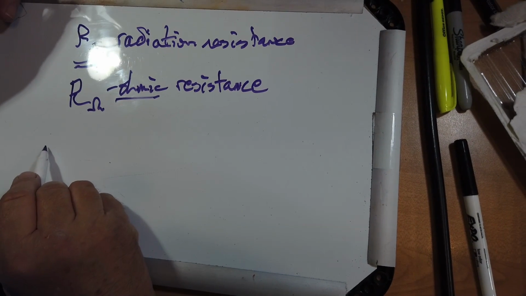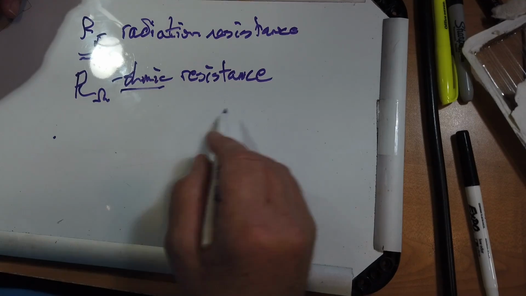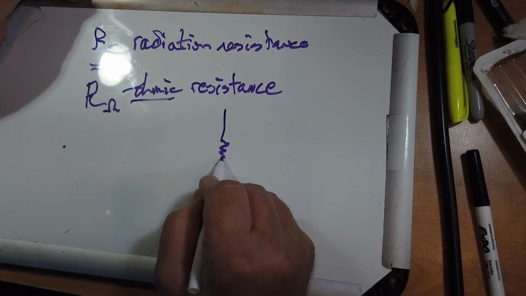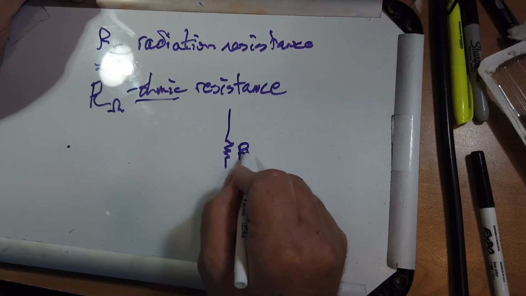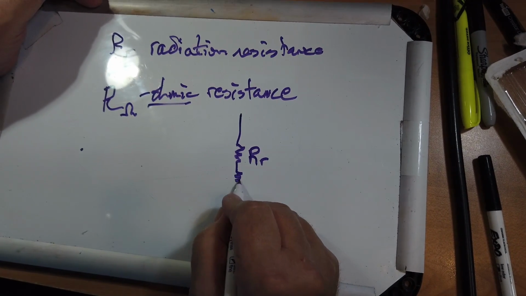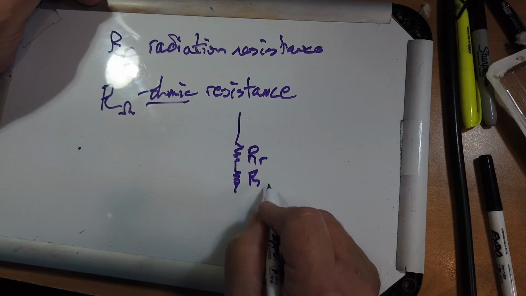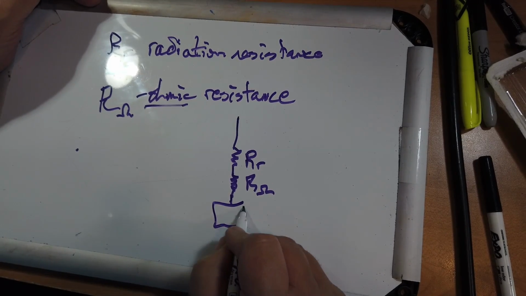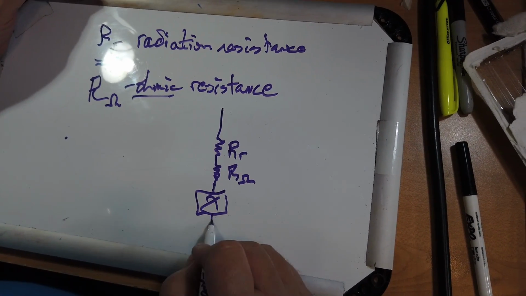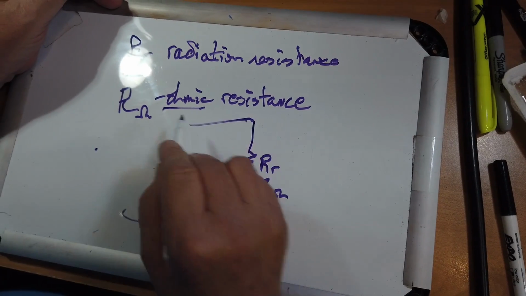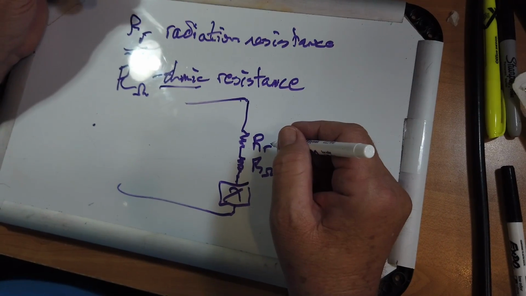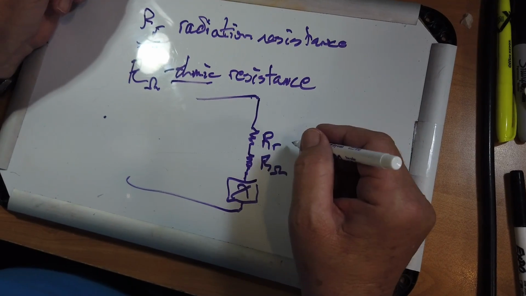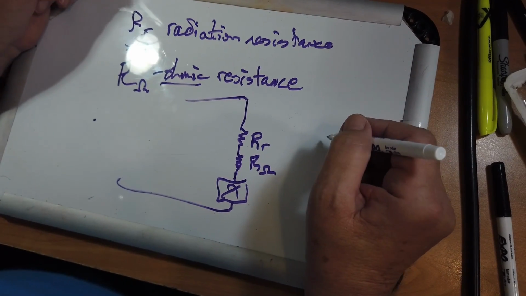So if you look at your antenna, I'll just show it from the end. You've got the equivalent of a radiation resistance and an ohmic resistance. And then you've got whatever reactance you have, I'll just put it as a box here. Radiation resistance is the equivalent of what you would transmit.